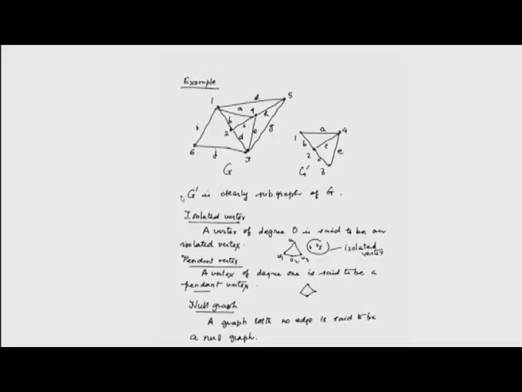So, possibly like this V 1, V 2, V 3, V 4 and V 5. This is a pendant vertex, and a null graph will be graphs of this type which has got only vertices, but the set of edges is a null set.